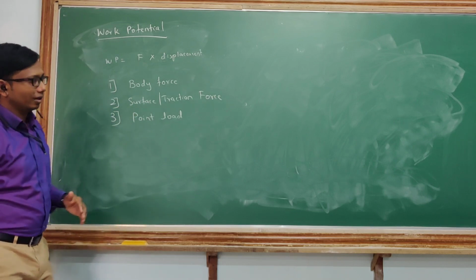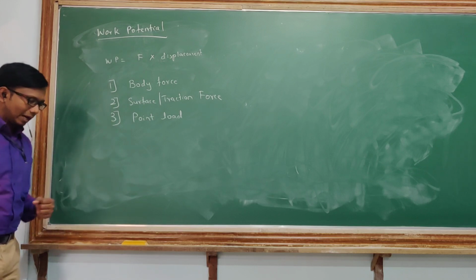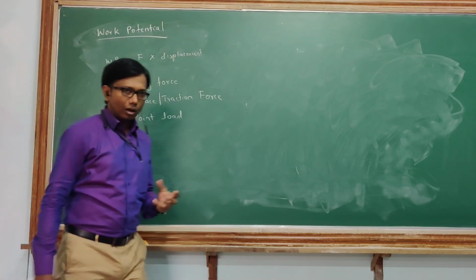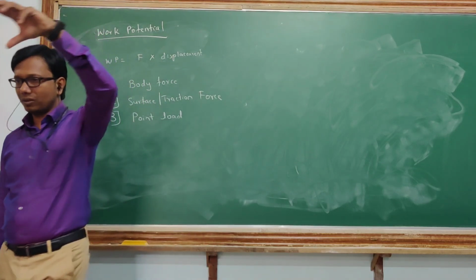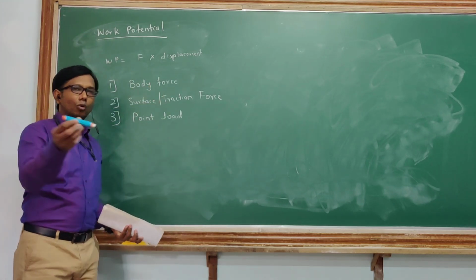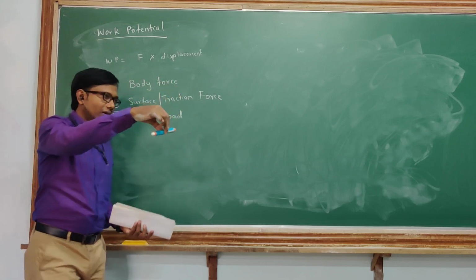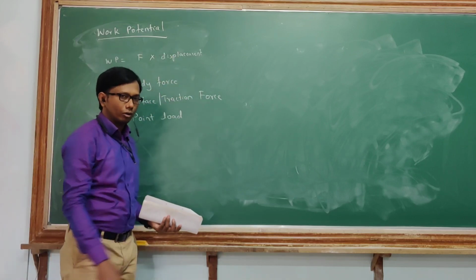What do these three different forces mean? For body force, I'll give an example of a stone falling from space. If I take this chalk holder and just leave it, what will be the consequence? It will just fall on the ground.